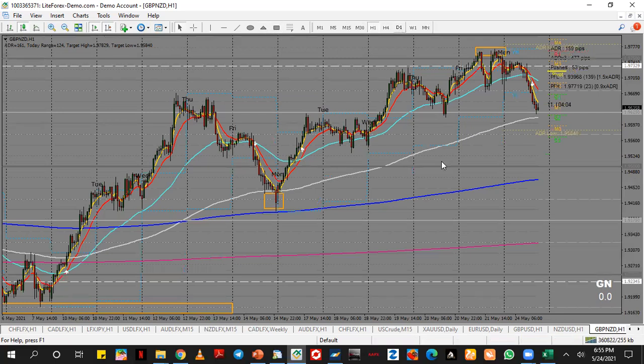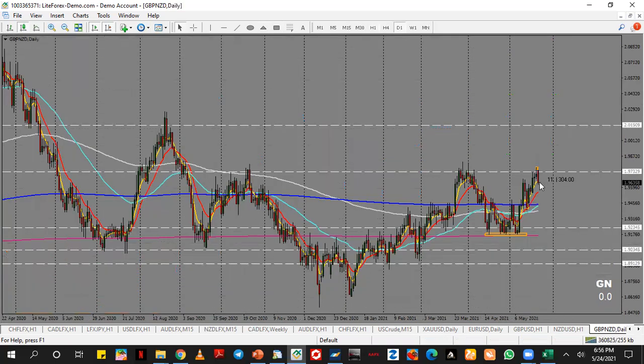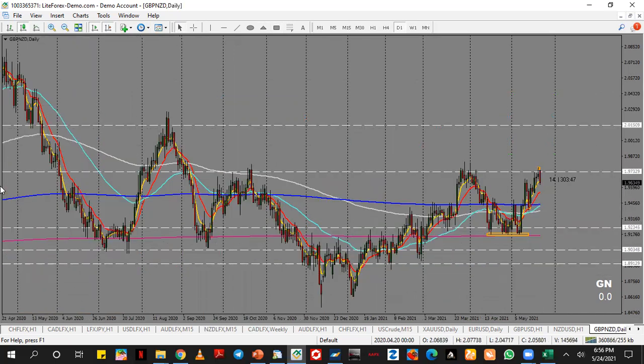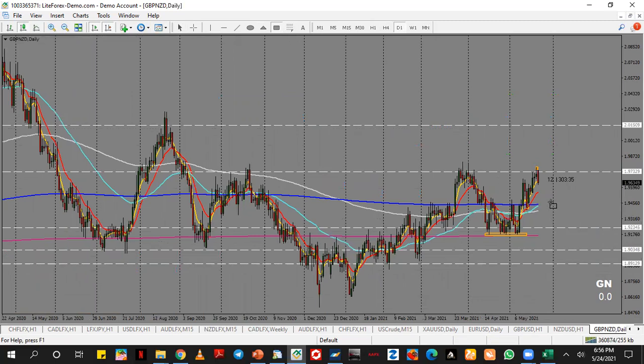So our second level, we still have a downtrend to the 13 EMA. So the 13 EMA is right here.